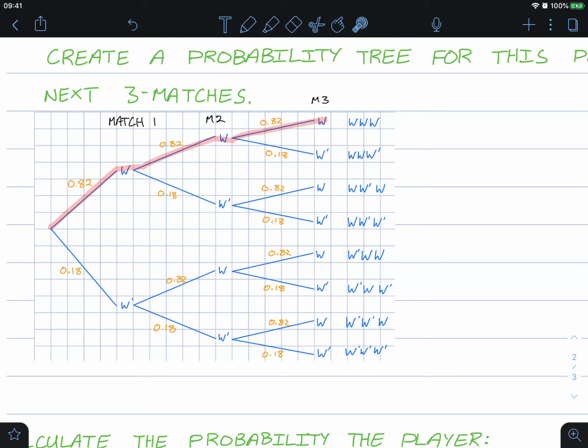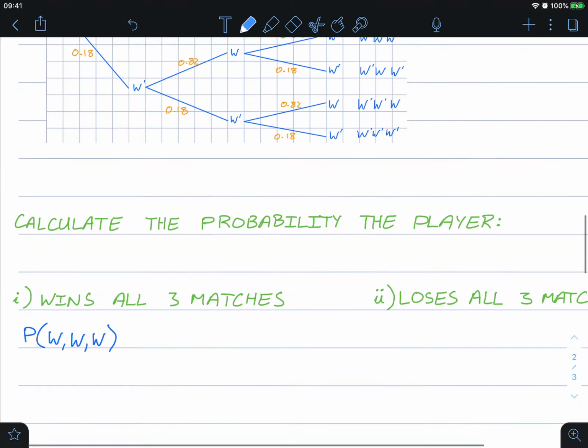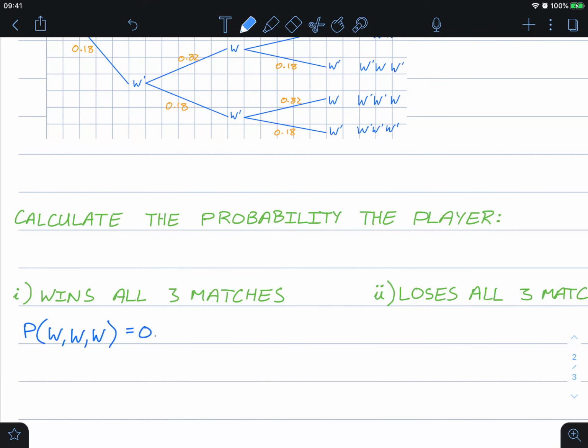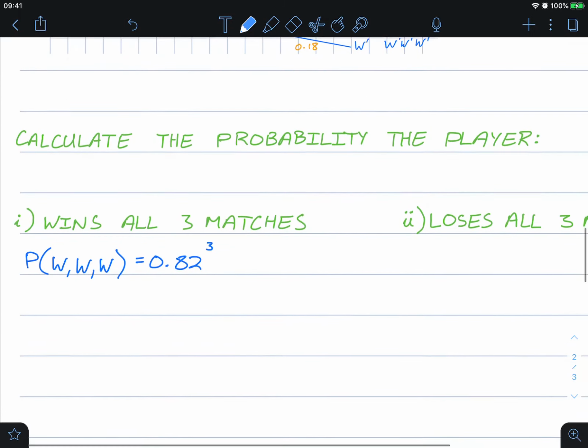Multiplying those branches, we get 0.82 times 0.82 times 0.82. 0.82 to the power of 3.